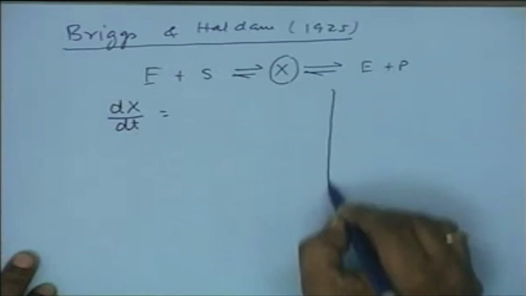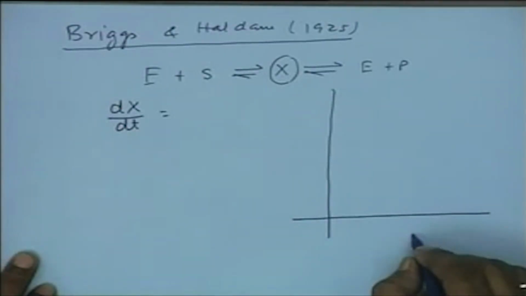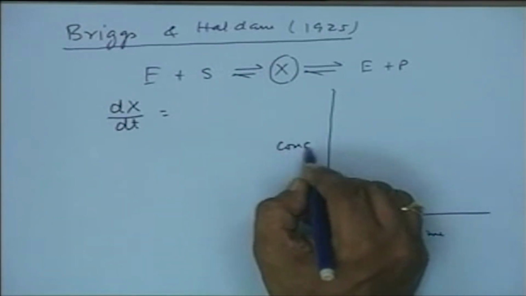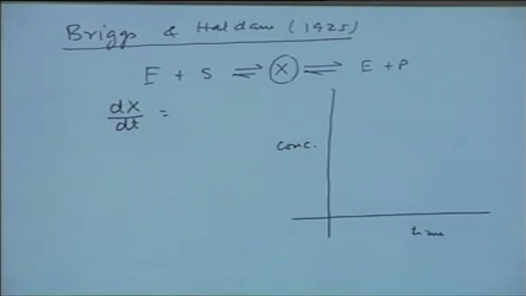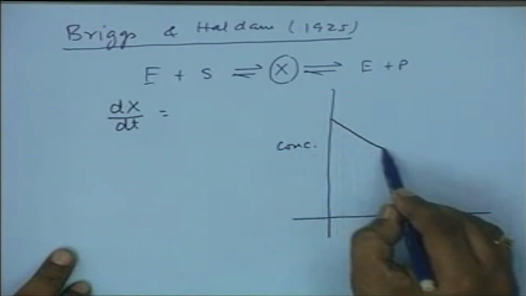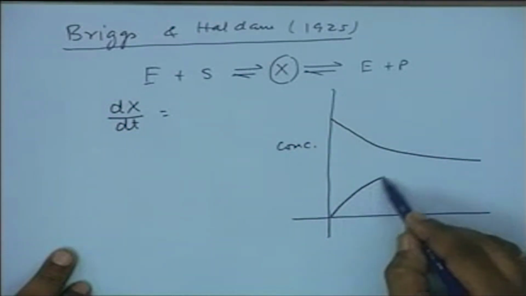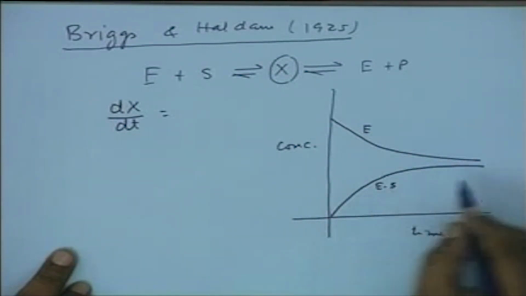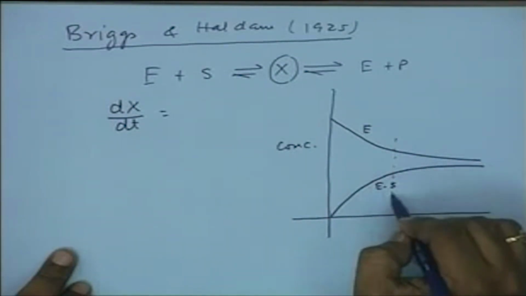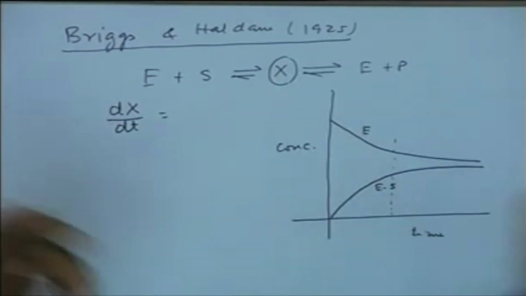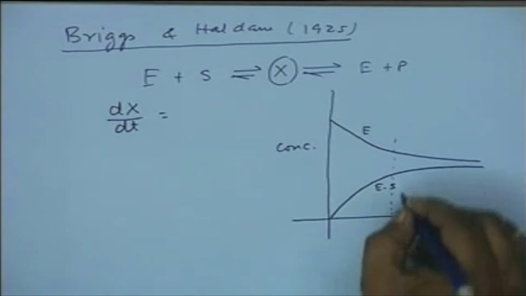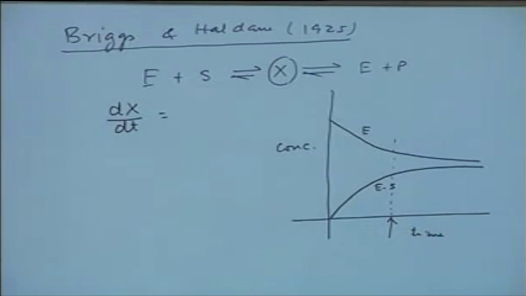If this is the time scale for the enzyme catalyzed reaction and this is a general concentration axis, then the enzyme concentration goes down and the enzyme substrate concentration builds up, this is the enzyme concentration, this is the ES concentration. This is that short time I am referring to. Mind that even though I am showing it here in expanded view, this time scale is only a few seconds, which he named the induction period.